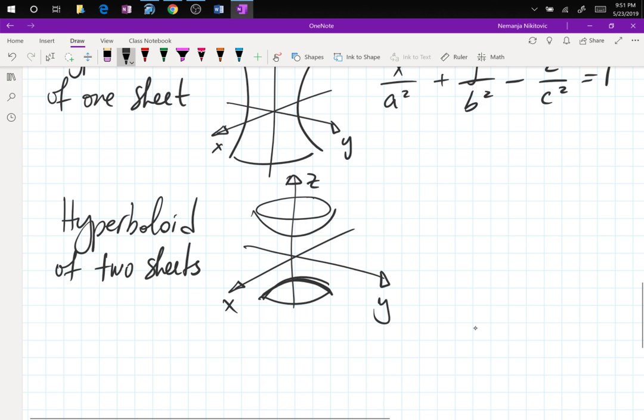Which is x squared over a squared plus y squared over b squared is equal to z squared over c squared.